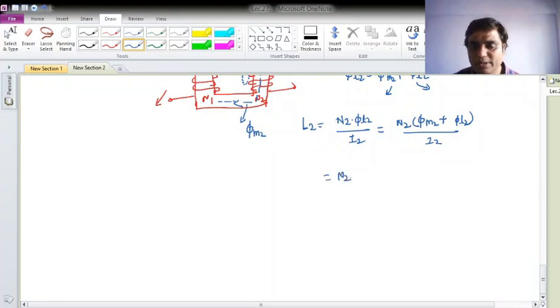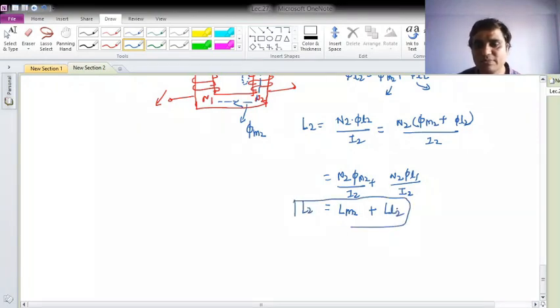This I will separate out: N2 phi M2 over I2 plus N2 phi L2 over I2. This is your magnetizing inductance and this is your leakage inductance L2.